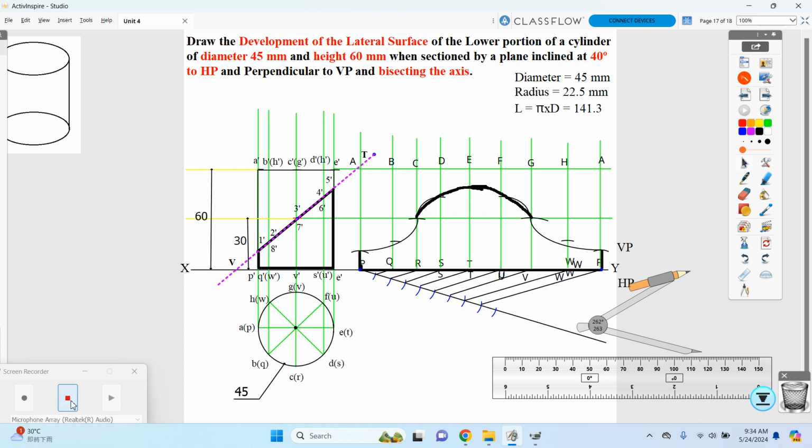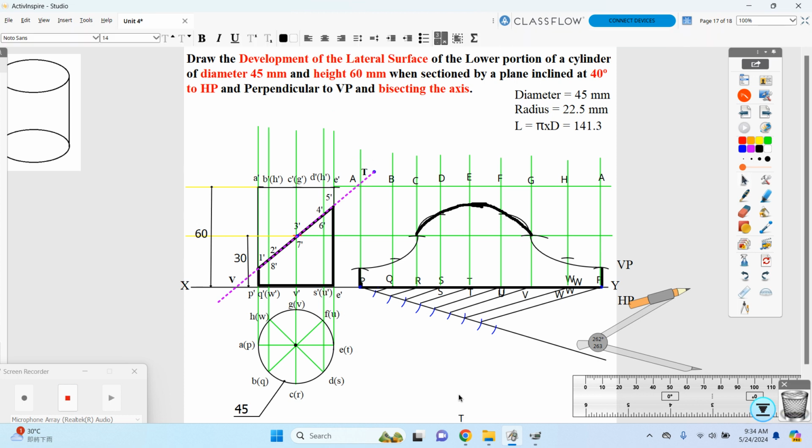Does anyone have any doubt on this? So you want to mention this as your, over here it is top view, then over here this is your front view, and this is your development view.